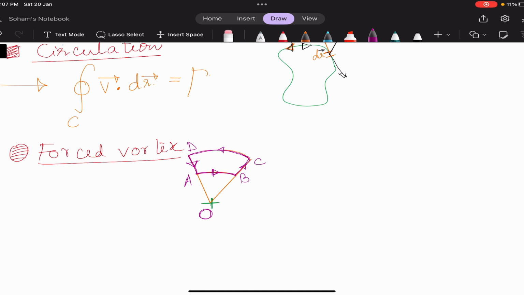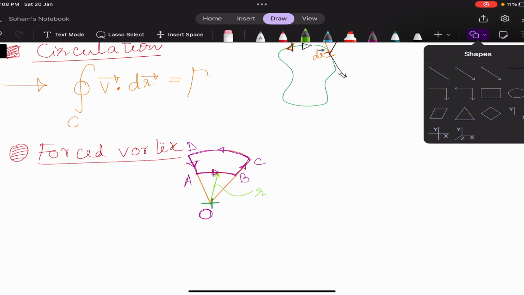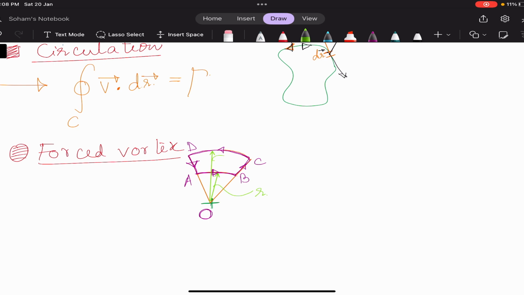So this is the forced vortex, and this is small r, and this is r plus delta r. Now, through this line AB I have velocity v theta, which will be C into r, and through this line CD the velocity will be v theta equal to C into r plus delta r, right?